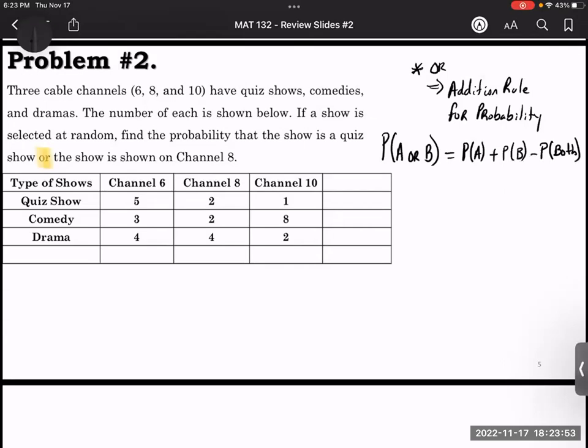When I say both, I'm referring to A and B happening simultaneously. Okay, so just note both means that A and B can happen simultaneously.